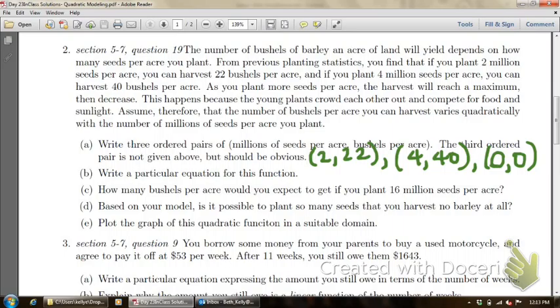So we're going to use these 3 ordered pairs, and we're going to write a particular equation for this function. And remember, this is going to be quadratic. Okay, so now what we want to do is take our 3 points and fit them to a quadratic function. So in order to do that, we're going to input our x value and say that we output the y value.